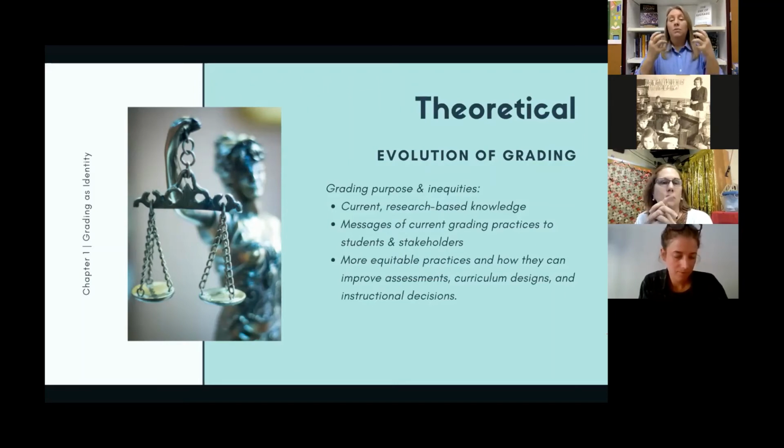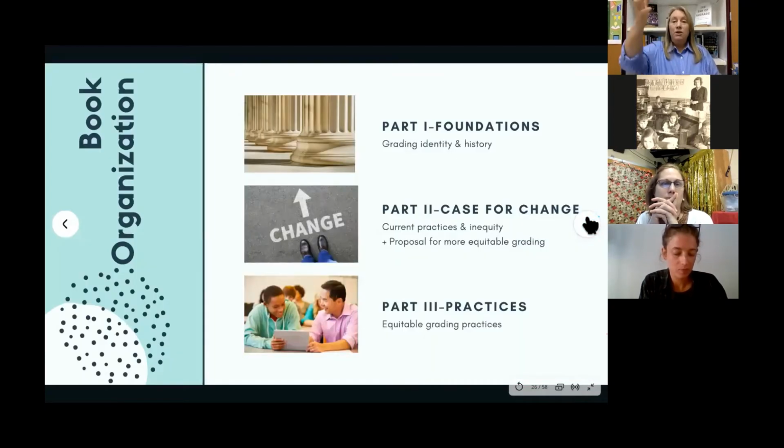And most importantly, towards the end of the book, we'll get more equitable practices and how they can improve assessments and curriculum design and instructional decisions that we make. So the book is designed like this. Part 1, there's the foundations, grading identity and history. Part 2, he makes a really good case for why we need to change with the current practices and the inequities that they create. And then part 3, he actually presents the practices in a variety of ways.